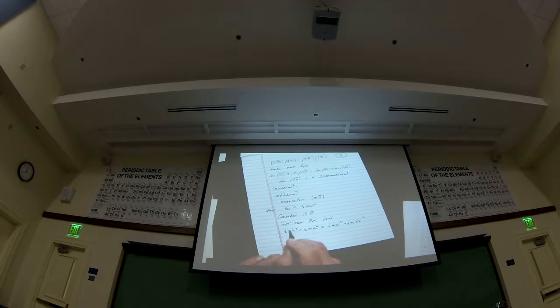Well, pretty clearly we can strike out the 1/2 m's and just get v1 squared plus v2 squared equal to v1 prime squared plus v2 prime squared, and that's nothing more than equation 13 in your notes on the formal lecture.